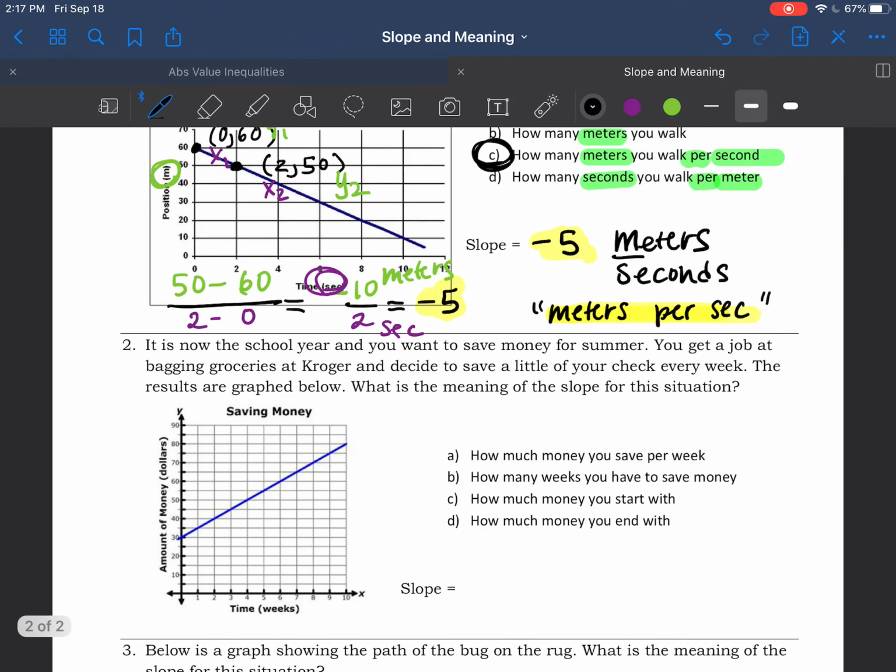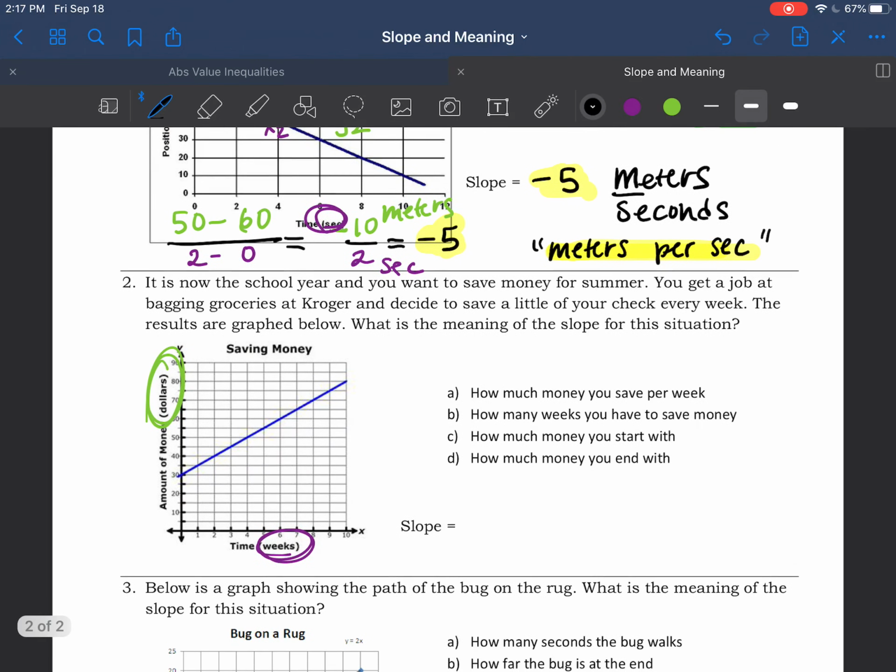And so the shortcut for finding these is to look at your units. Dollars per week. So change in y would be dollars. Change in x would be weeks. So dollars per week.